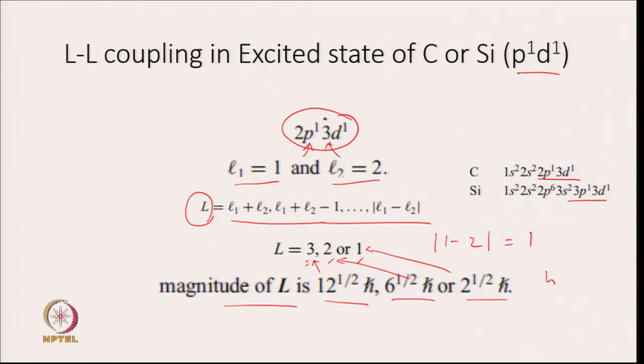The magnitude is h cross root of L into L plus 1. So, for L equal to 3 it is 3 into 4, so this is h cross into root 12. Similarly, you can calculate for the other values of L. So, this is ll coupling, a small l and L coupling.